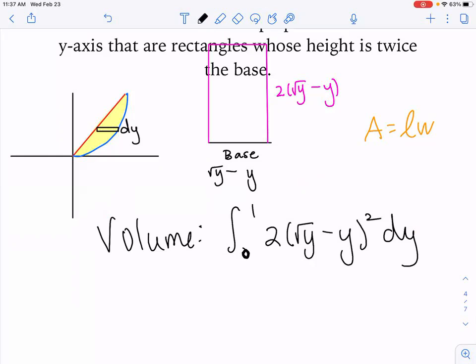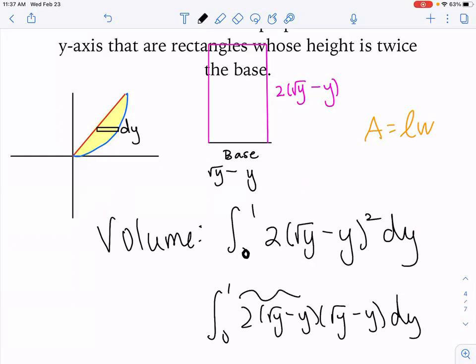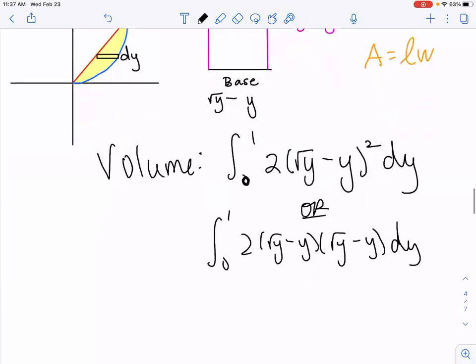Length times width. I just got kind of lazy and I just put a square on here. Or you could write 2 times radical y minus y times radical y minus y dy. So like there's length, width. You see what I'm saying? You know what? It's not gonna matter. Either way is fine.